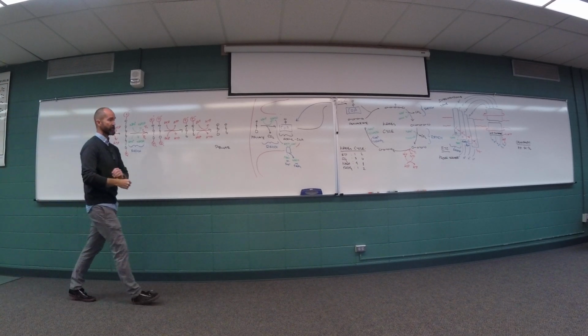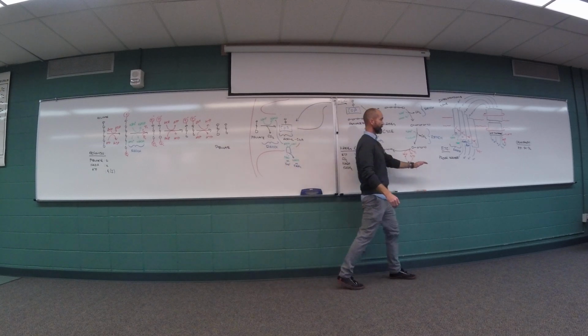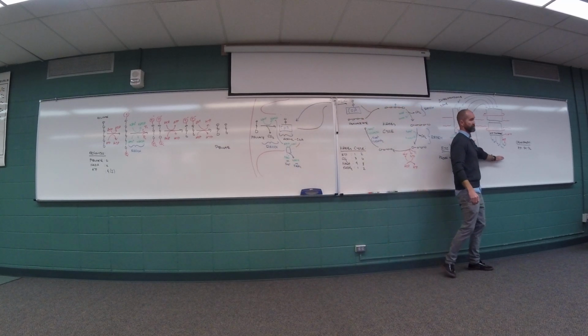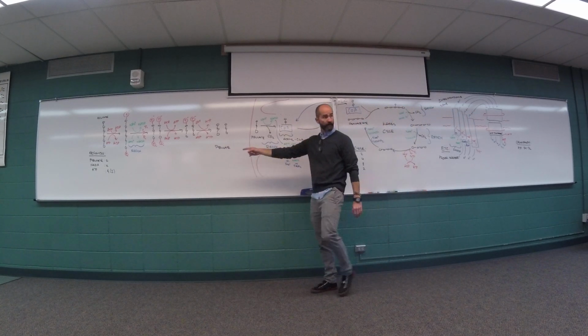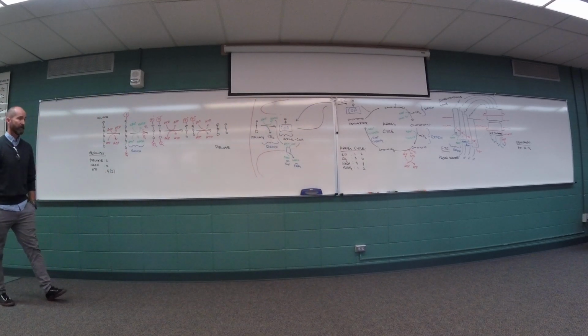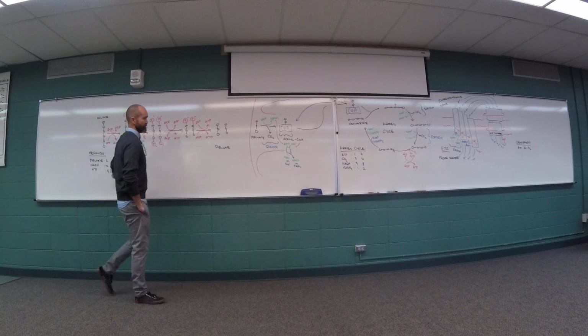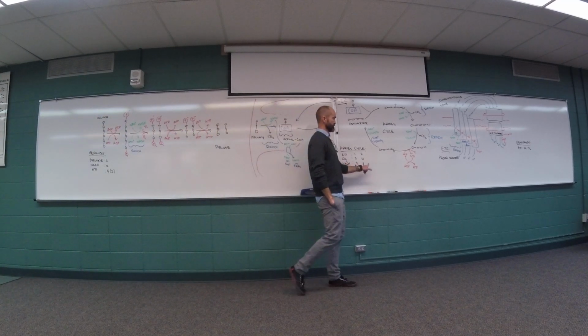How many electron carriers did we make here? 10. How many electron carriers did we make here? Here? How many did we make over here? 2. So that's a total of 12, right? How many NADHs total have we made? 10, right? 2 plus 8.